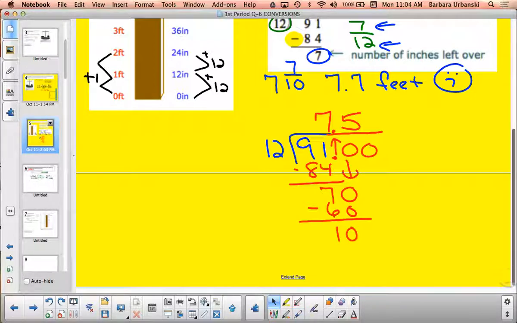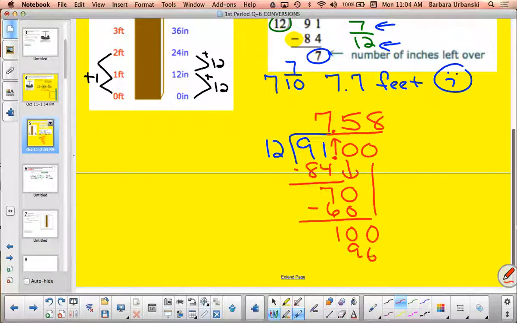We would have 10 left over, and we could bring down another 0, giving us 100, and then we'd ask ourselves, how many times can I multiply 12 to get close to 100 without going over? It would be 8. 8 times 12 would give us 96. Perform our subtraction, we have 4.